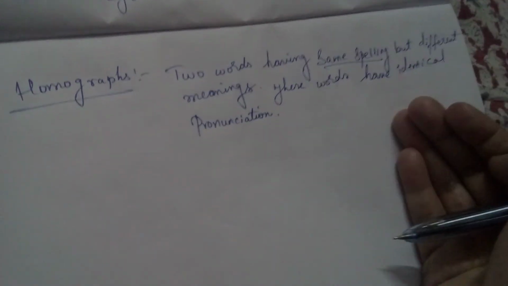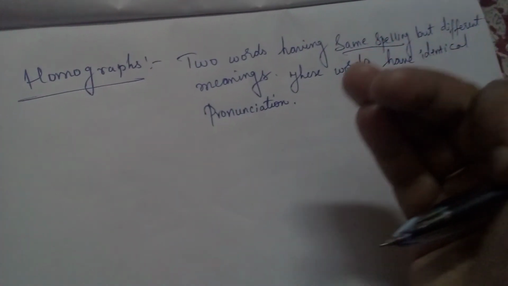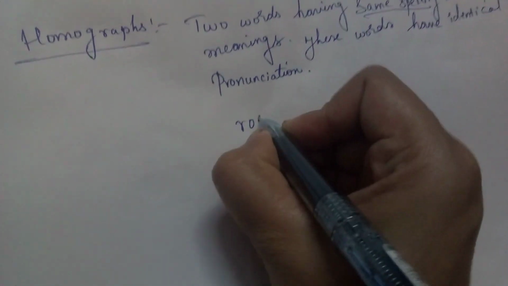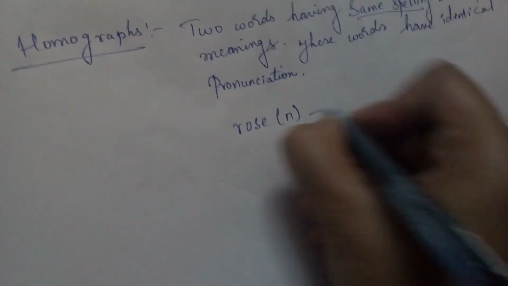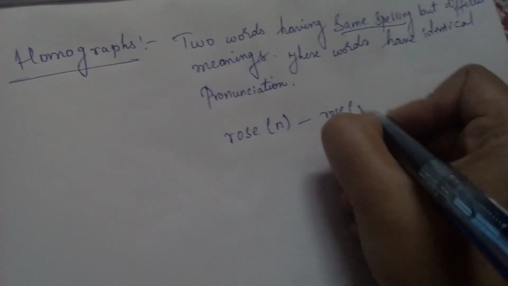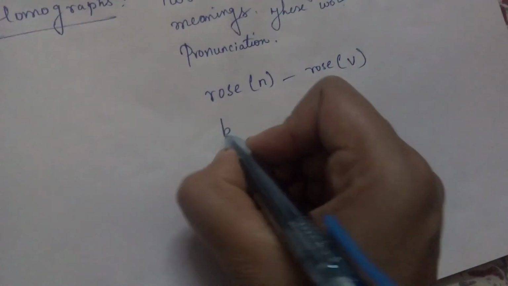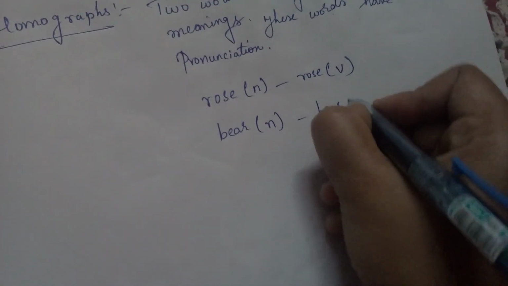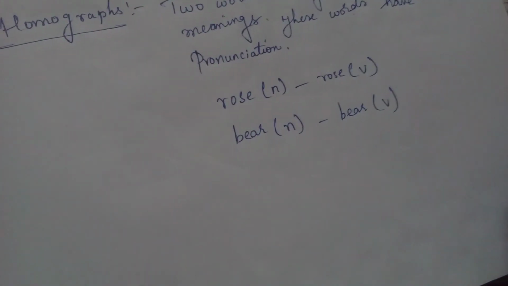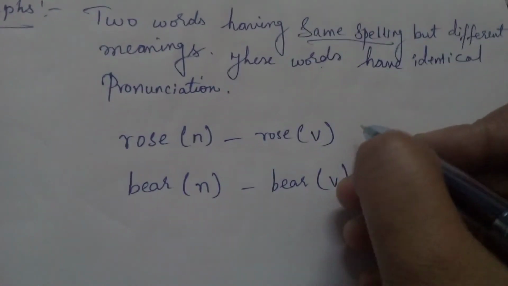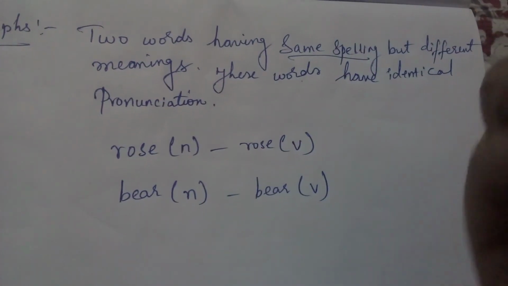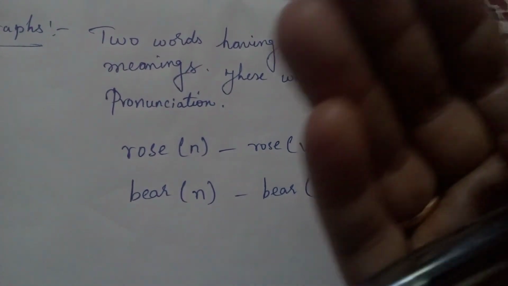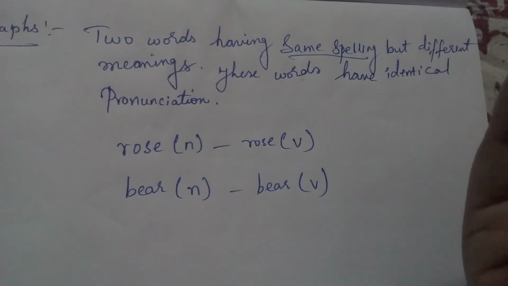These words may have identical pronunciation, which means, for example, rose which can be a noun, rose which can be a verb, bear which can be a noun, and bear which can be a verb. Here also, according to the context, according to the sentence, we have to understand whether it is the noun rose or the verb rose.